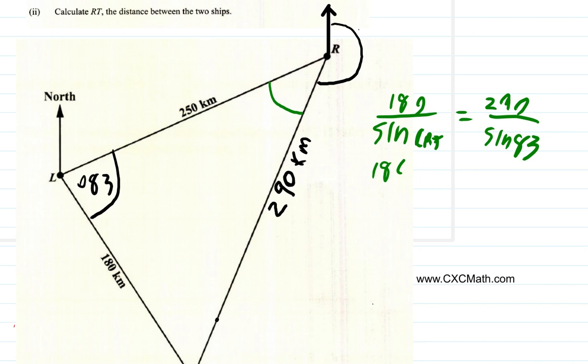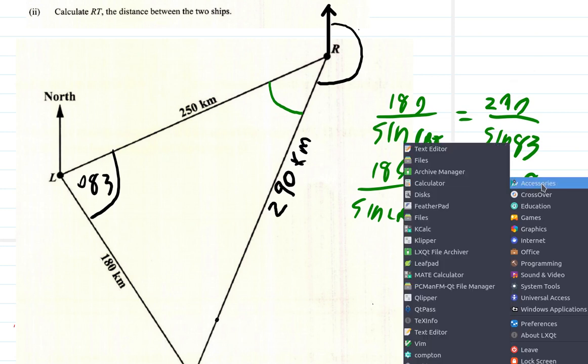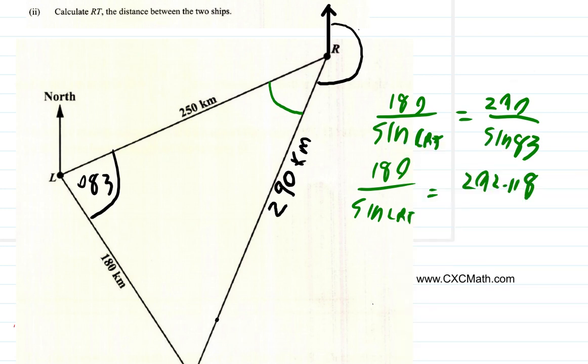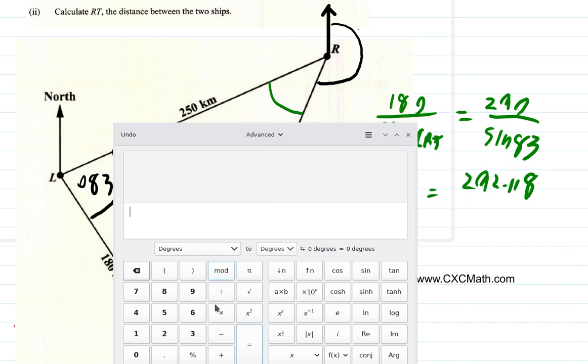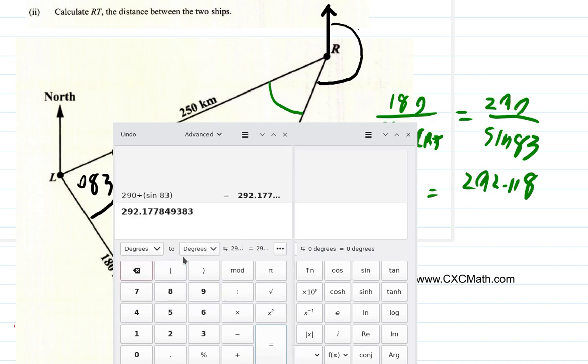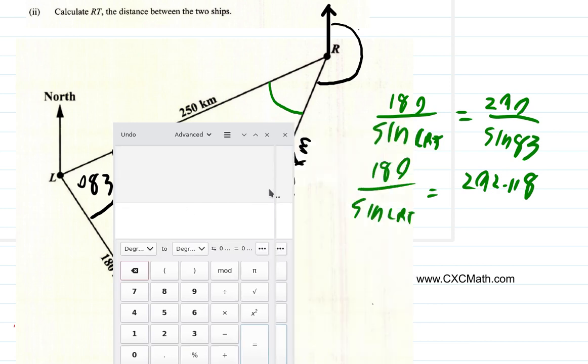Alright, 180 over the sine of the angle LRT equals 292.118. Was it that? Let me just check again to make sure. Oh, this was a different calculator for this. That's what I did earlier. 290 over sine 83, 292. You're right, 0.118. When you round it off, that's what you would get.